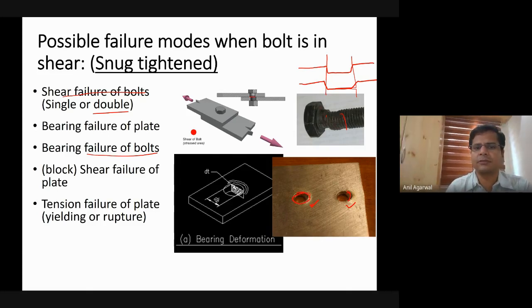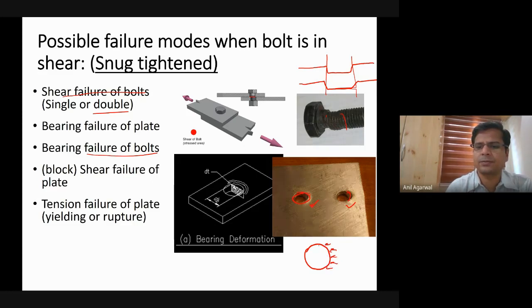In case of a bearing failure of the bolt, you have a round shaped bolt, and then there is stress acting on one surface. As a result, this surface will become flatter. On this side you will not see any geometry change, but this surface will become flatter as a result of bearing failure of the bolt.